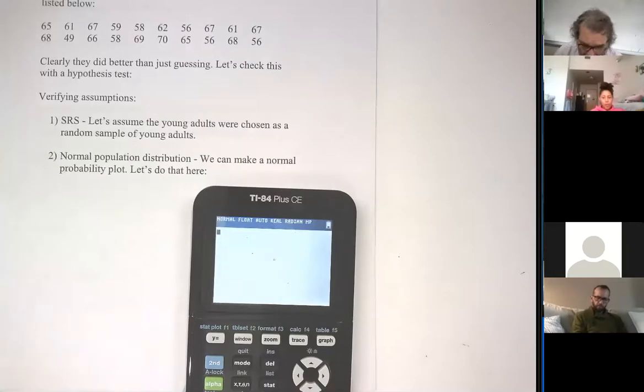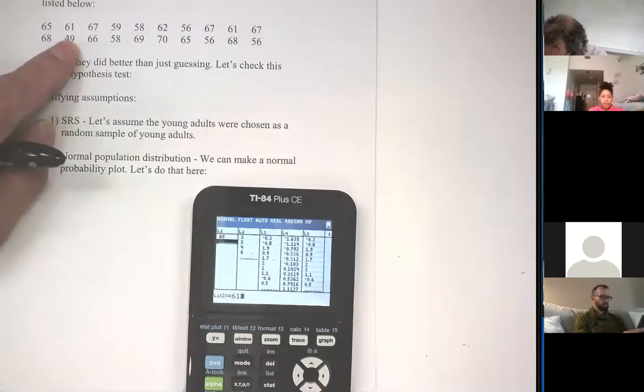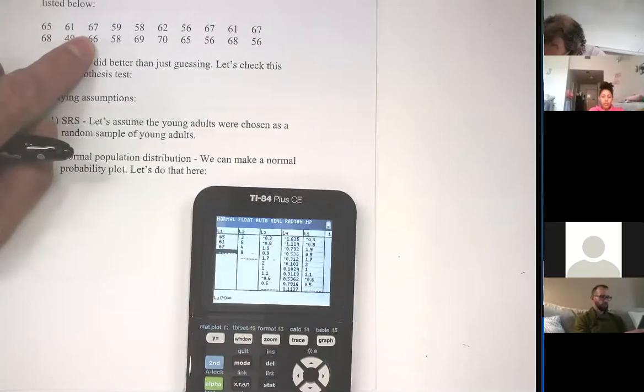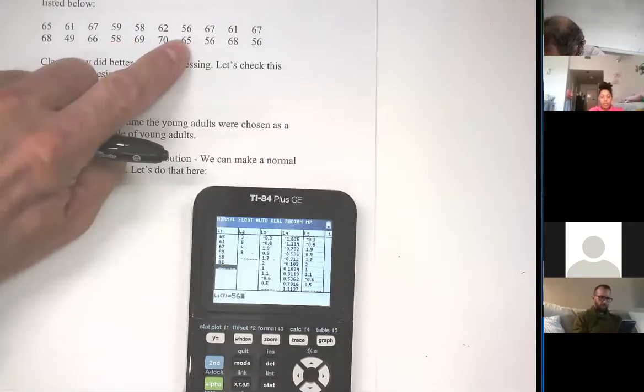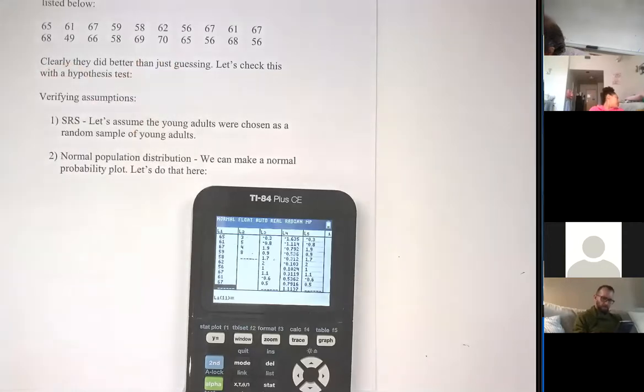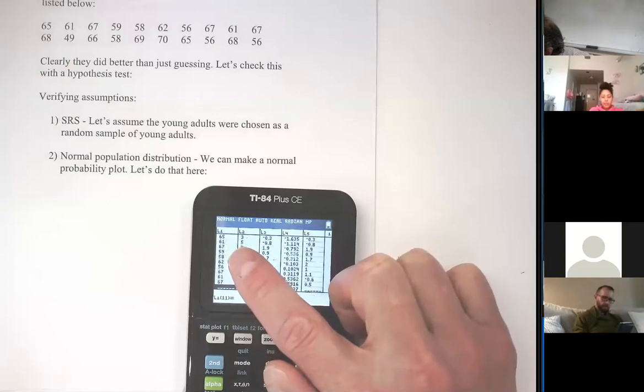We need to enter this data. So I'm going to do that. 65, 61. I'm looking at 3 things at once. It's hard to do. So I'll check them, okay so far. 65, 61, 67, 59, 58, 62, 56, 67.